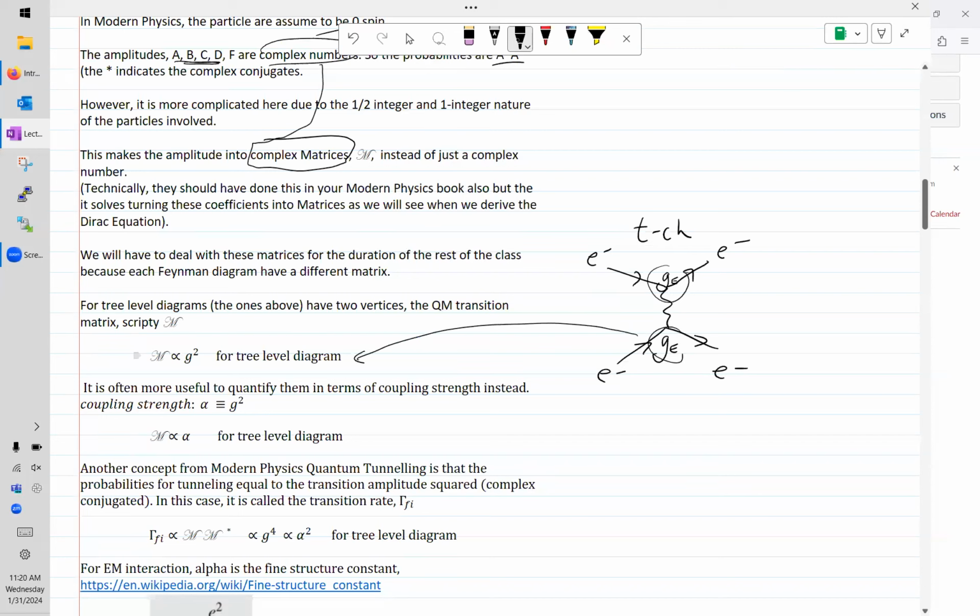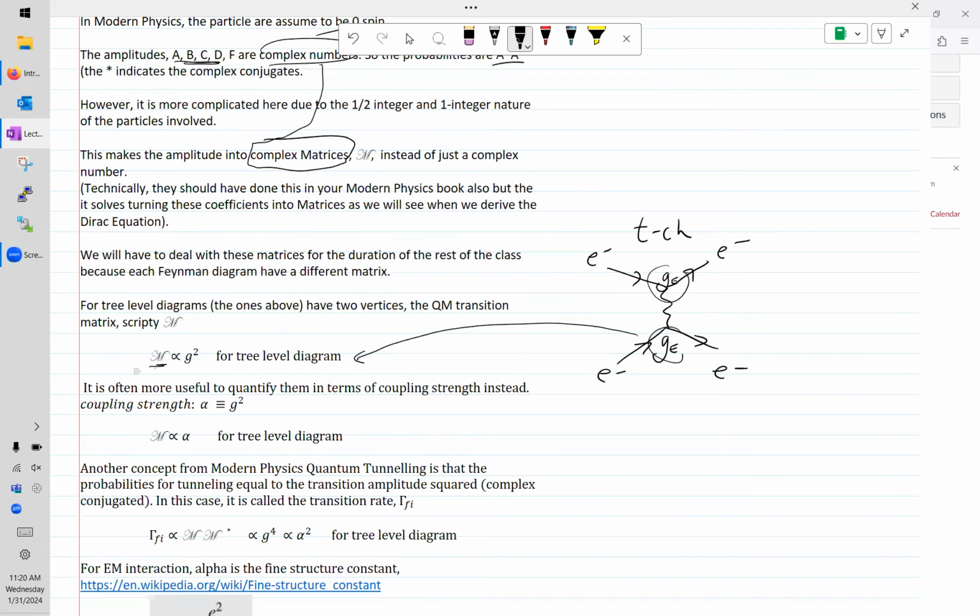To figure out the matrix amplitude of this particular diagram, the squiggly M here, people call this the matrix element, but you can think of it as just a substitution for the complex amplitudes.